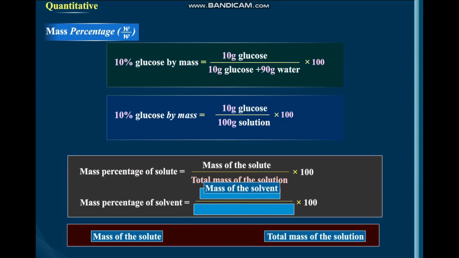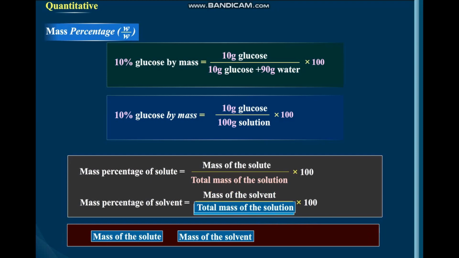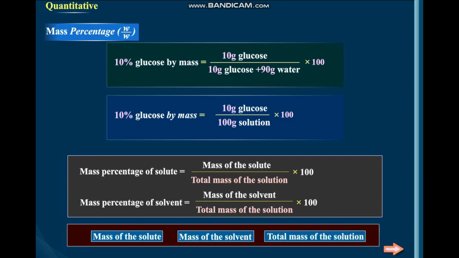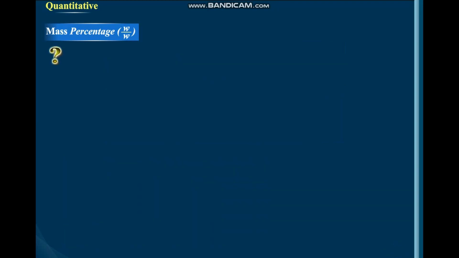Mass percentage of the solvent would be mass of the solvent divided by the total mass of the solution into 100. So if it is the mass percentage of the solute, it is mass of the solute by total mass of the solution into 100. If it is the mass percentage of the solvent, it is mass of the solvent divided by total mass of the solution into 100.